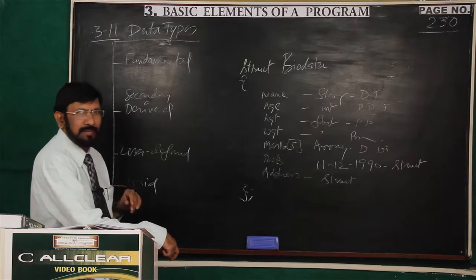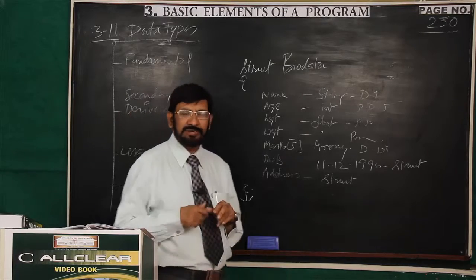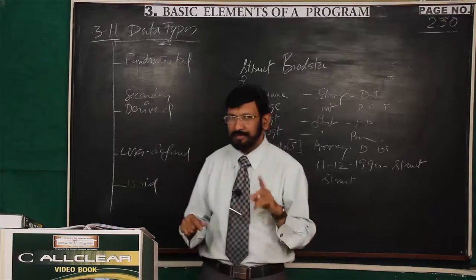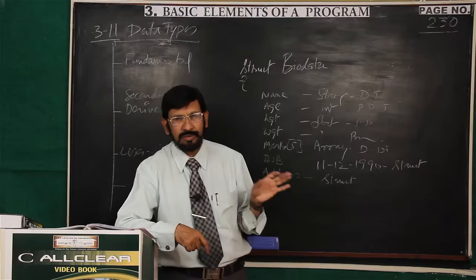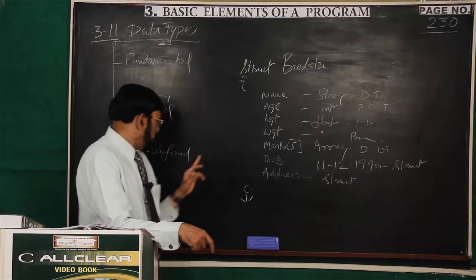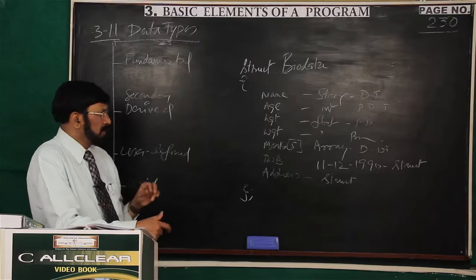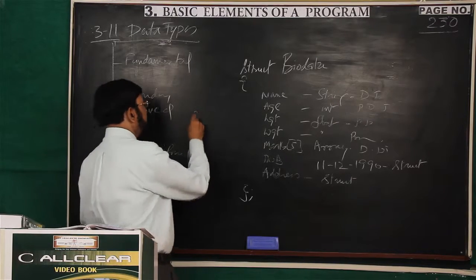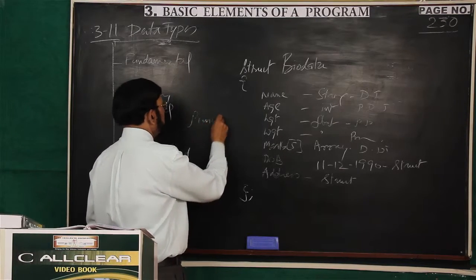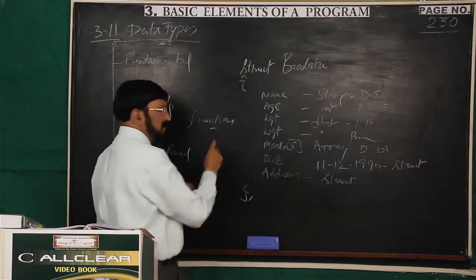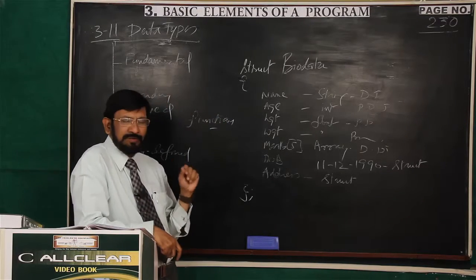Next, void. Actually, in the beginning of the first chapter, I told you this void I would explain in forthcoming chapters. Now the time has come. Void is a special type which is used with functions. Functions already in a limited way I explained.